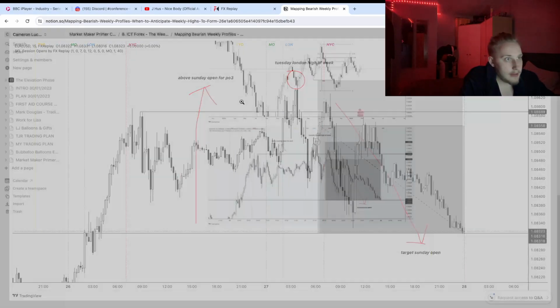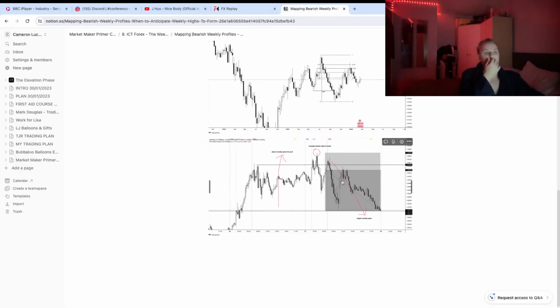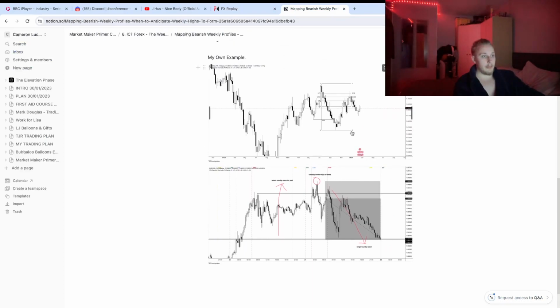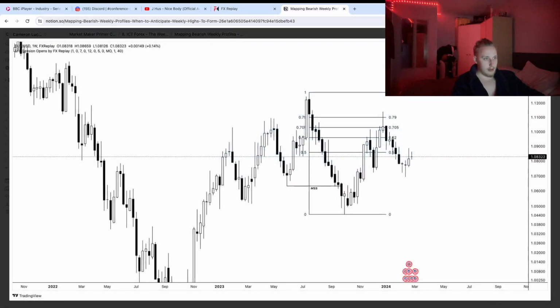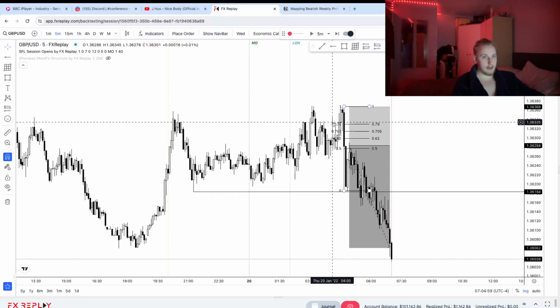Can we see 27th? When did this trade? 20th. Okay, so it's fairly close. We'd still have the same bias. But that looks a bit different. Yeah, I don't think this is the same because I've marked this one broke here. Is this the same? Oh, this is 2022.